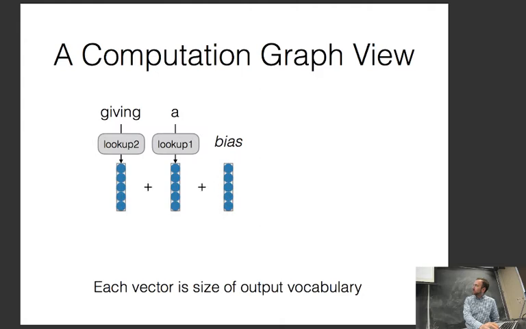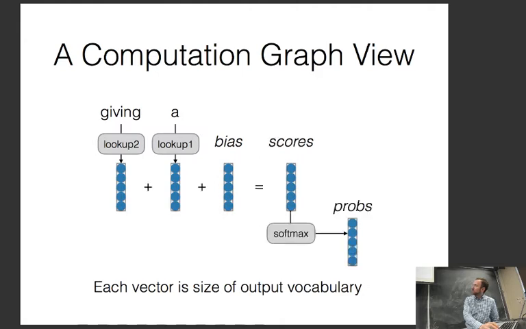We add a bias, we add them all together, we get scores, we take a softmax, and we get probabilities. And the only difference from last time is that instead of our bag of words model where we looked up everything independently, now we're looking up the second to previous word in one big parameter matrix, and the previous word in another parameter matrix.